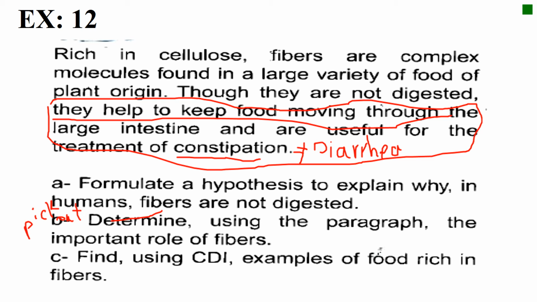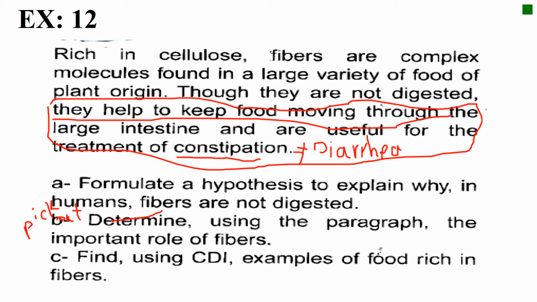Part A says, formulate a hypothesis to explain why in humans fibers are not digested. Why in humans are the fibers not digested? It's very simple. If the food is not digested in our system, then we don't have the specific enzyme for it.